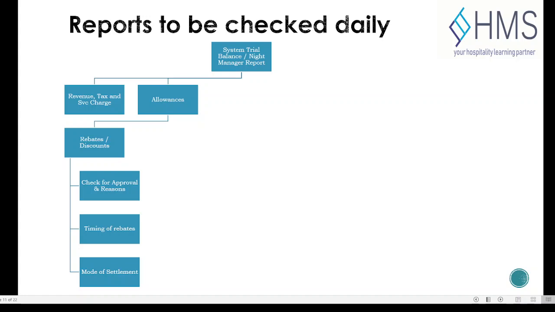How many times the settlement has been opened, if there is any open settlement. Whether the timing of the rebate is before the checkout or after the checkout time. The approval is important again, and whether these are approved and there is a sufficient reason.